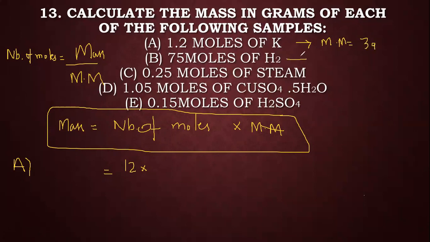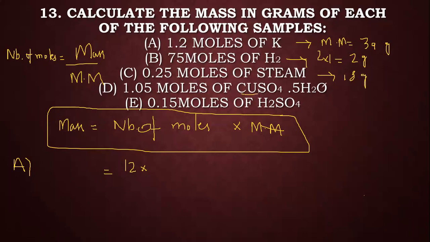Now calculating the value for H2, molar mass is 2 multiplied by 1, which must be equal to 2 grams. In case of steam, that is water, it must be equal to 18 grams.